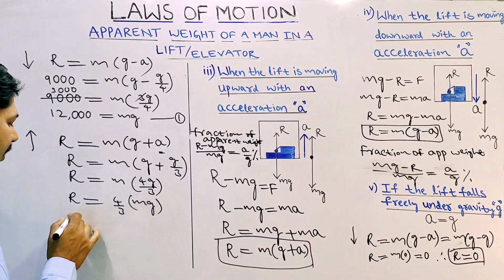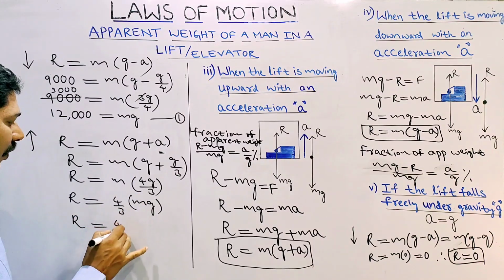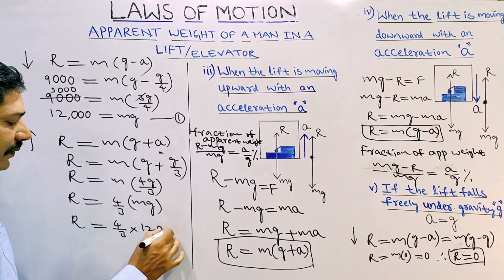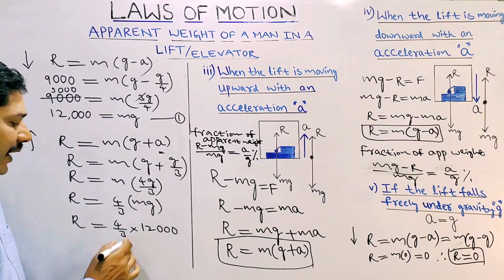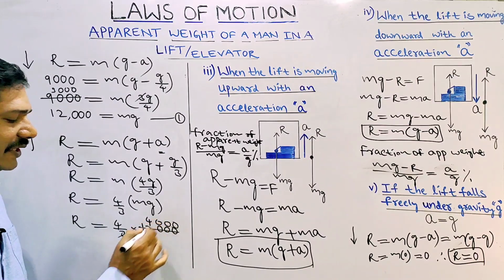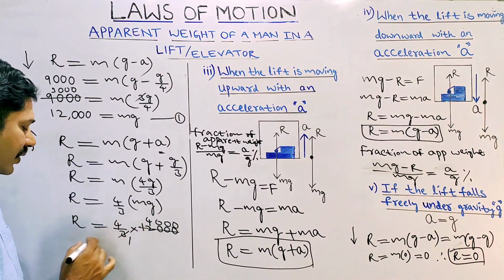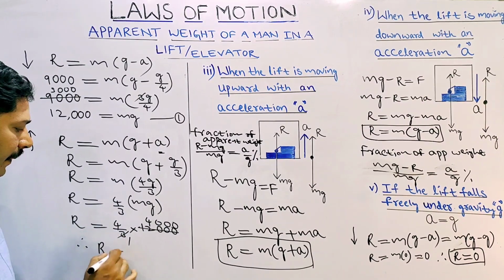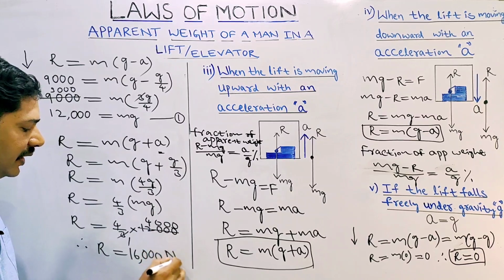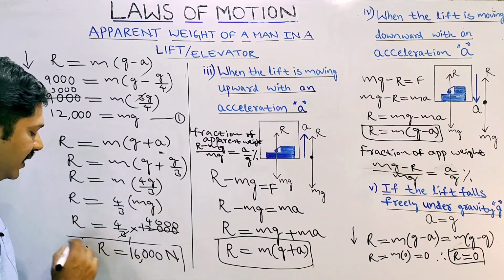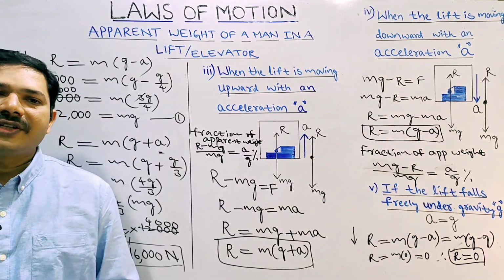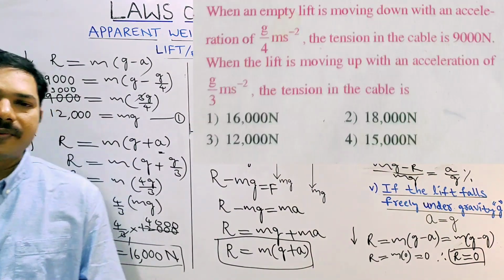So substituting, R equal to 4 by 3 into mg is how much? 4 by 3 into 12,000. 3 ones are 3, 3 fours are 12, with these 3 zeros as it is. Now 4 fours are 16, and these 3 zeros as it is. Therefore 16,000 newtons. When the lift is moving upward, the tension in the string is 16,000 newtons. Which option is correct?